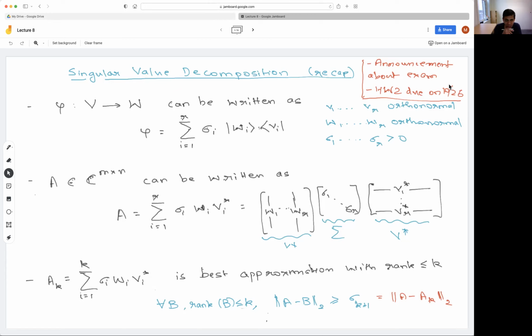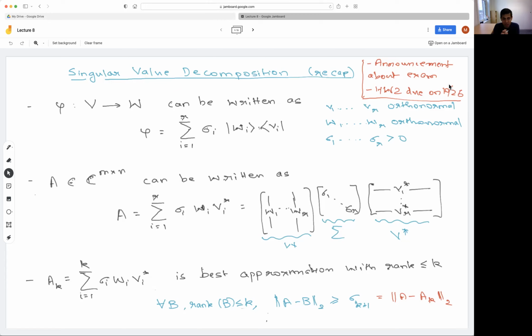So we discussed singular value decomposition, or SVD, for a linear transformation between two finite dimensional inner product spaces, which I'm not writing out the full statement here.